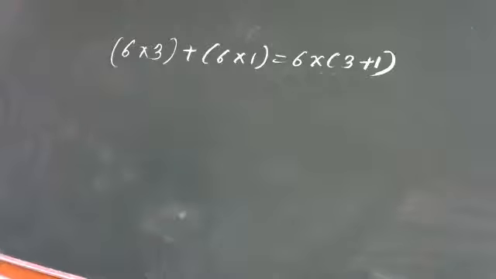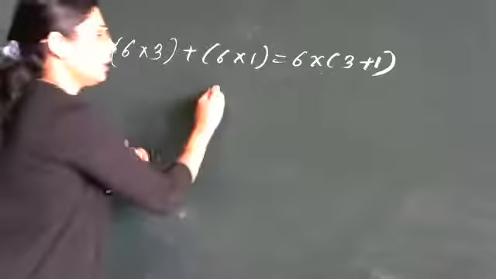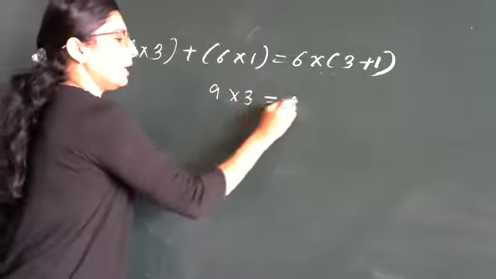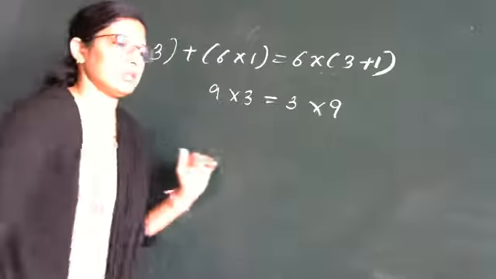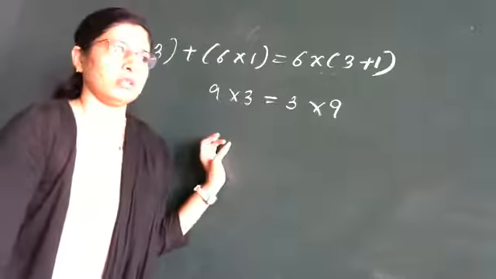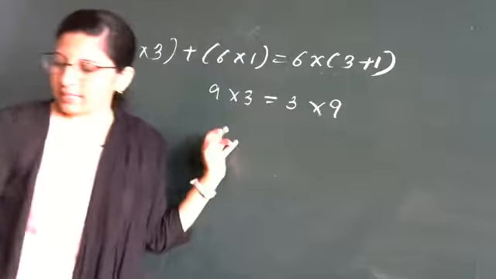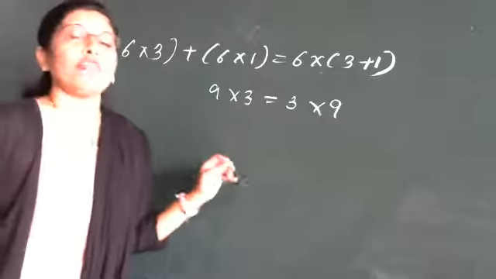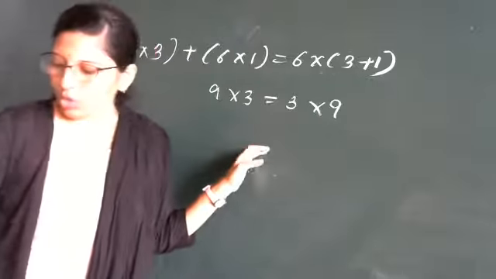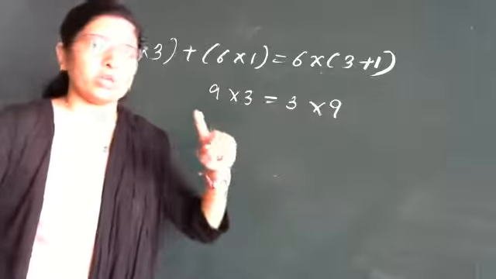Now next. 9 into 3, 3 into 9. Which property is it? Yes, this is the commutative property of multiplication. Okay, so C and first one.